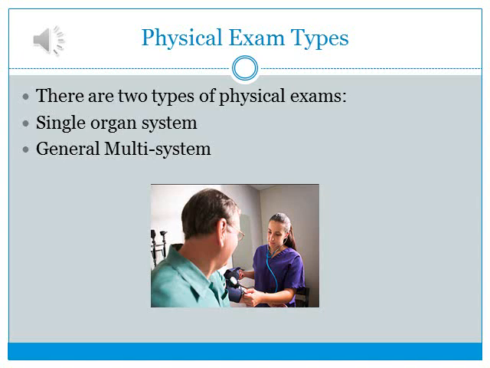The more extensive the exam, the higher level of complexity, leading to a higher level coding. Typically, most general practitioners will choose the general multi-system exam, so I will describe the multi-system exam here in more detail.